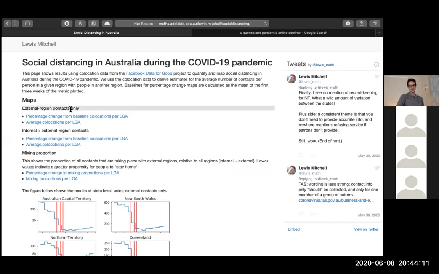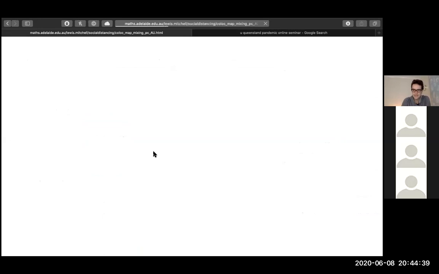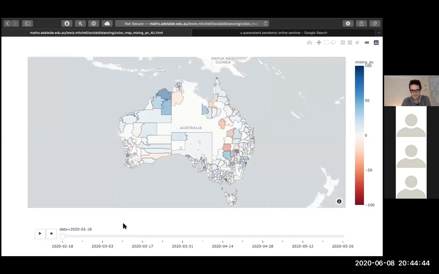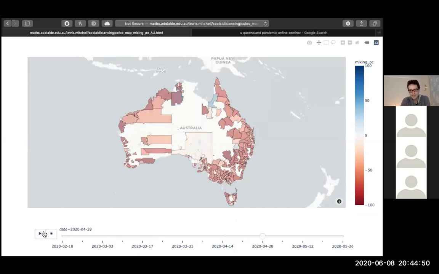Essentially, I can consider contacts made between a region and everywhere outside of that region, also incorporate contacts made within regions, and then calculate a measure of mixing: the fraction of contacts that take place outside of your region relative to all contacts that you make. And so you can make these beautiful maps.